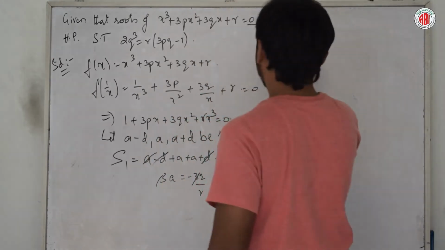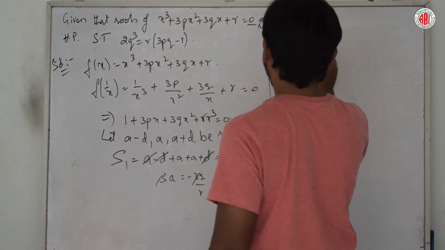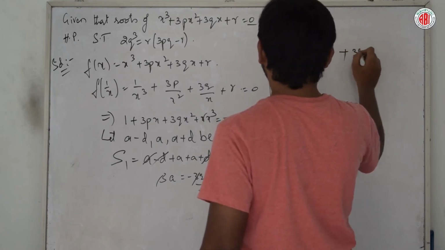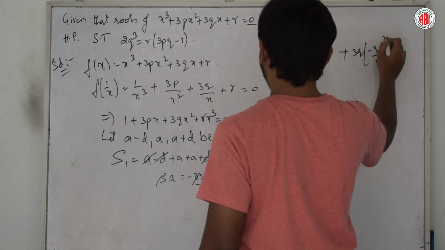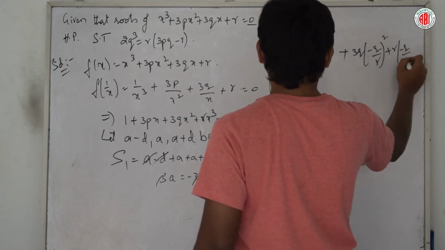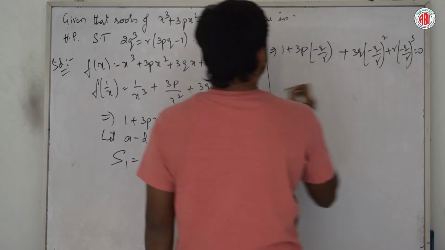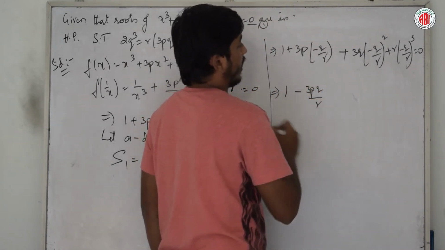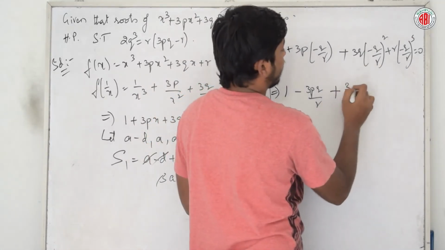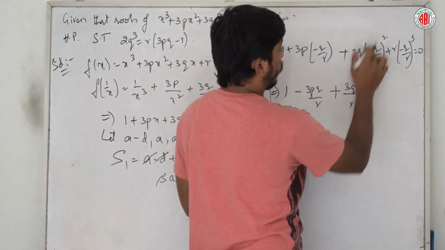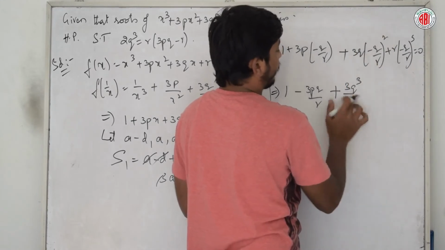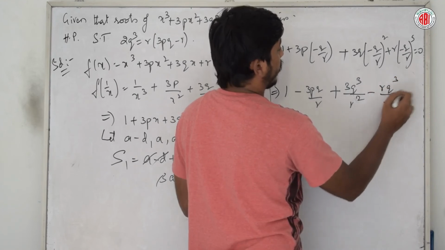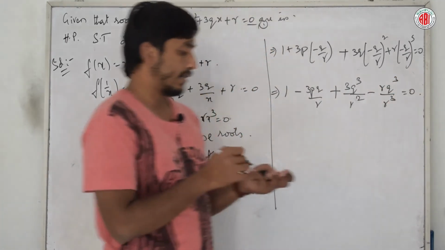What do I get? 1 plus 3p into minus q by r plus 3q into minus q by r whole square plus r into minus q by r whole cube equal to 0. Now let us solve this. 1 minus 3pq by r plus 3q cube by r square, here minus r q cube by r cube, isn't it?